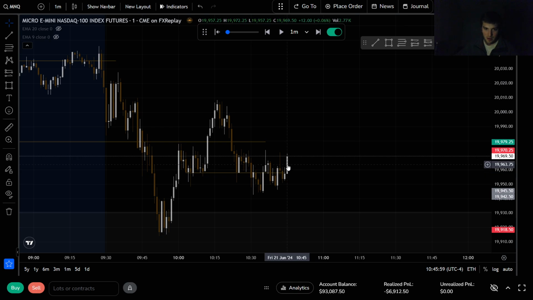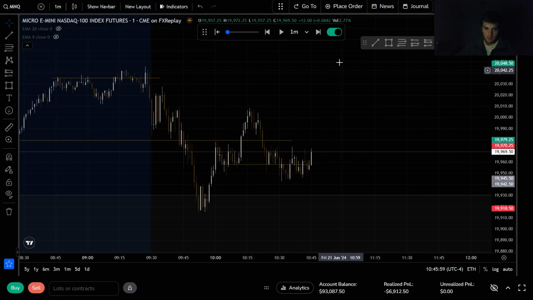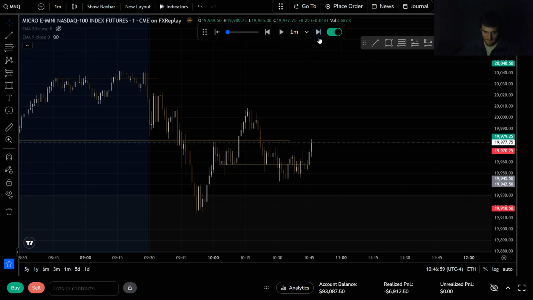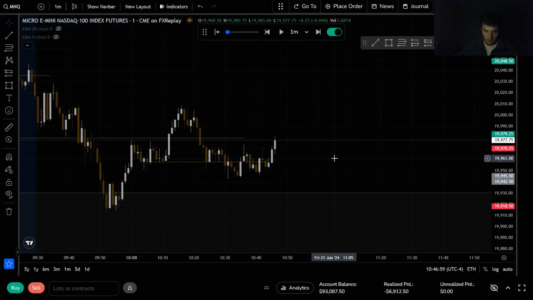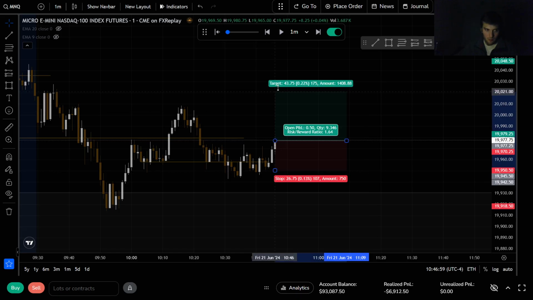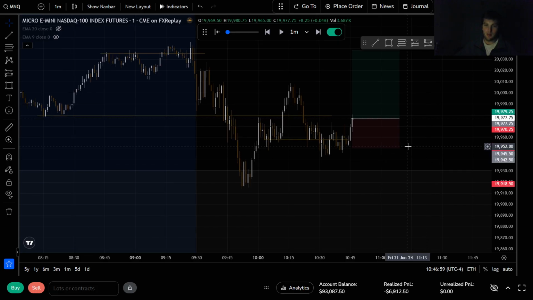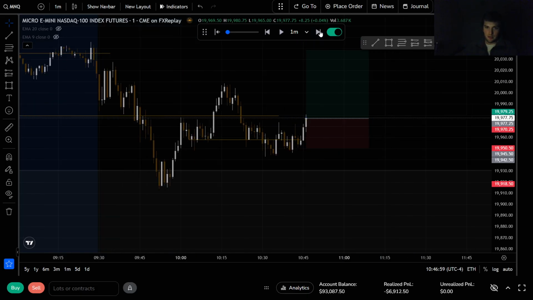Do I like this price action with this context? Yes. But, all right. I don't like this trade because of the context, so that is not an A+ entry.